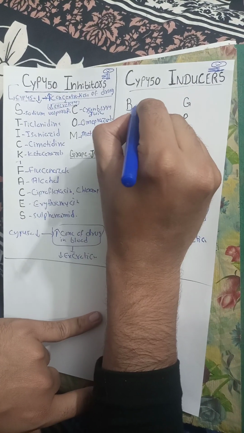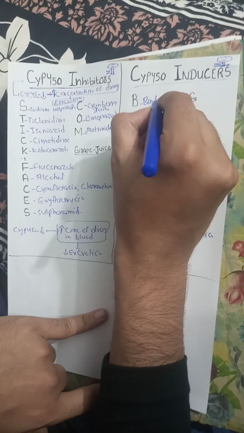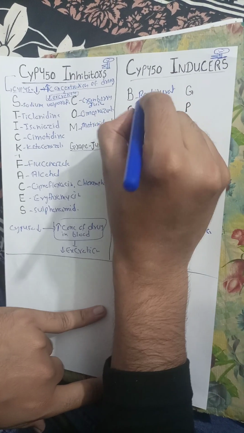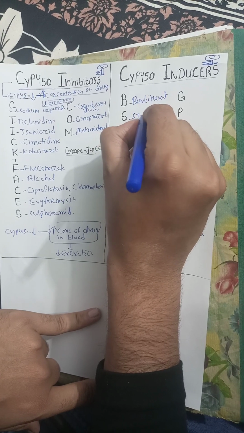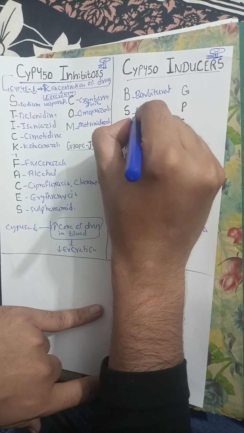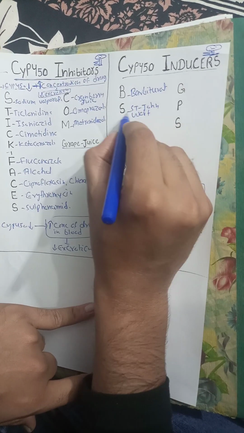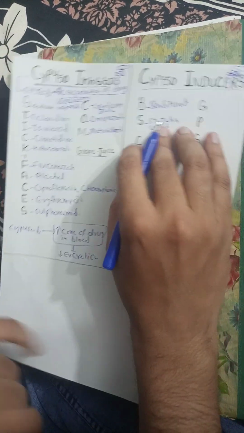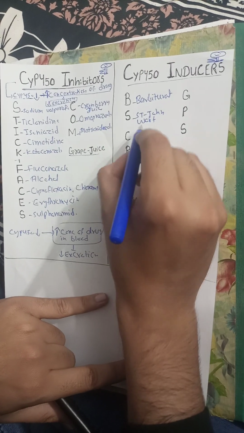B means barbiturates, and S means St. John's wort. Basically, this is one of the herbal medications. The mnemonic is "BS CRAP GPS."